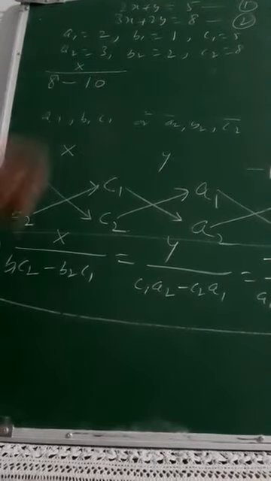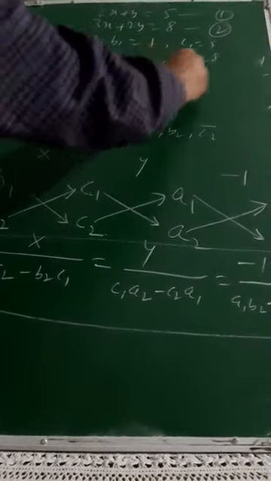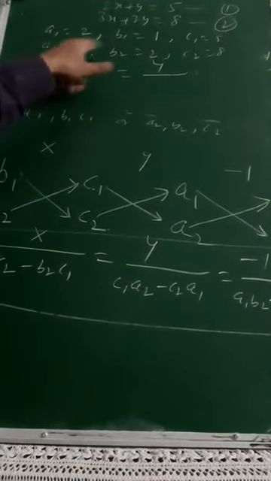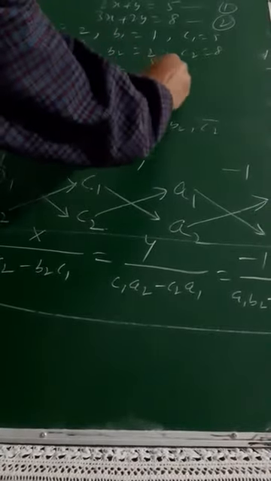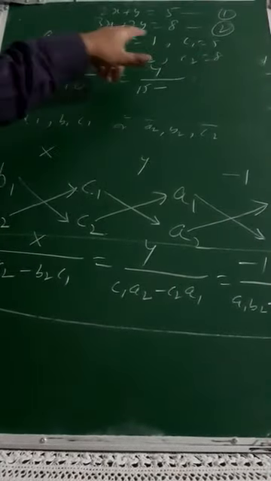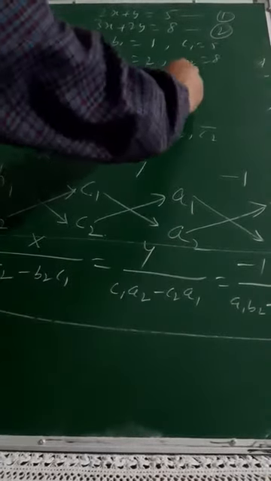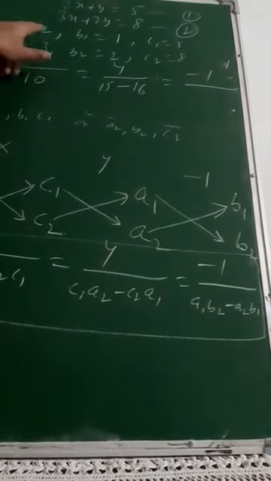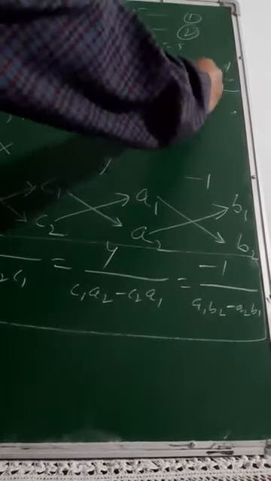x upon 8 minus 10 is equal to y upon c1 a2. What is c1? 5. What is a2? 3. 5 threes are 15. Minus c2 a1. What is c2? 8. What is a1? 2. 8 twos are 16. This is equal to minus 1 upon A1 B2. What is A1? 2. What is B2? 2. 2 twos are 4.